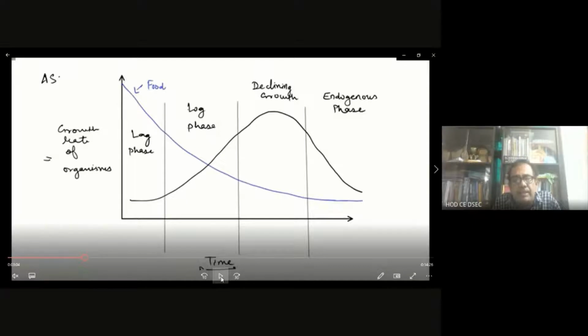That is the declining growth, because the food is utilized by the biomass, I mean the substrate, the carbonaceous organic matter. So after the log phase, the declining phase will occur. That means the increasing rate of the biomass will decrease. That is, the biomass will be in growth condition at a decreasing rate.